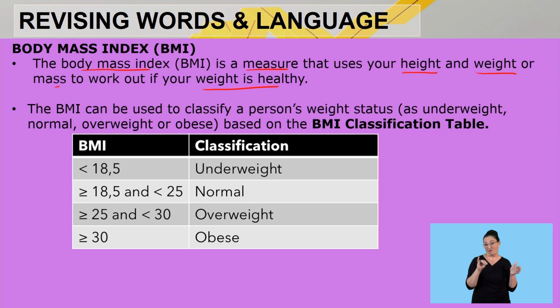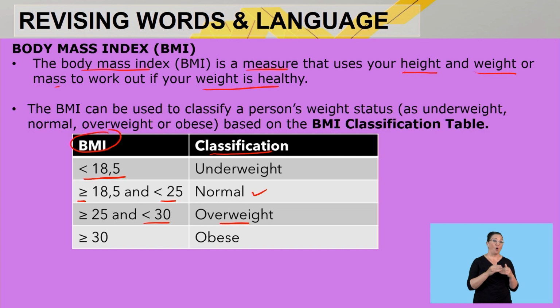Looking at the BMI classification table, so here's our BMI, and here's the classification. Basically, if your BMI is below, less than 18.5, you will be classified as underweight. It's important for us to understand this table. If it's equal to or more than 18.5, but less than 25, you'd be classified as normal. Equal to or more than 25, but less than 30, you'll be classified as overweight.